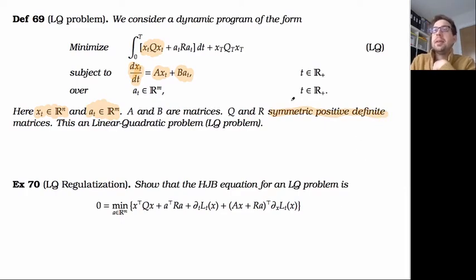Remember that a matrix is positive definite if when I apply some vector to it on either side, it always gives me a non-zero answer, and symmetric means that if I take the transpose of the matrix, I just end up with the matrix itself again.